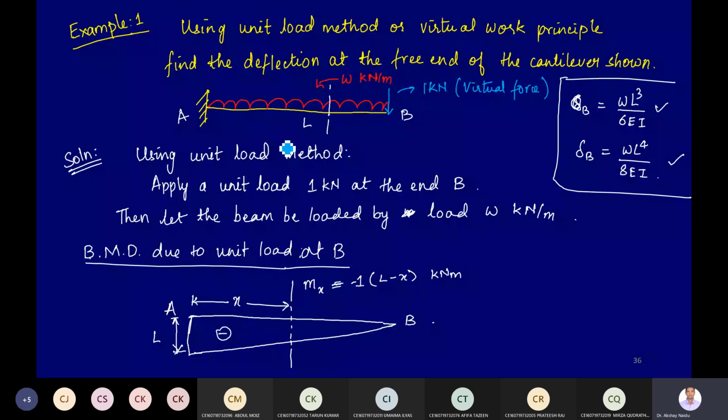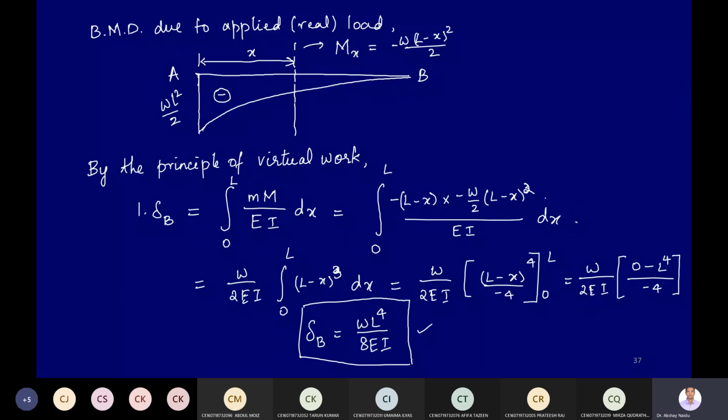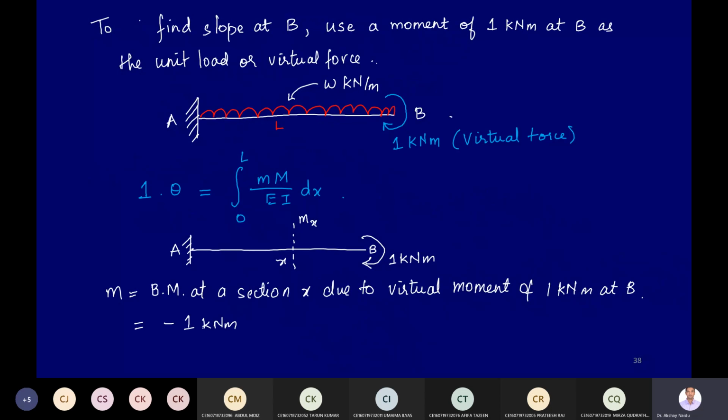Deflection, I use force. To find slope, I use moment. And same result. Let us do another example.